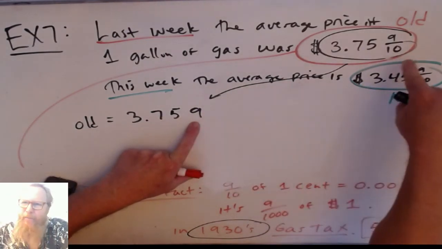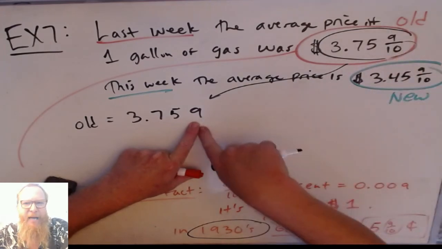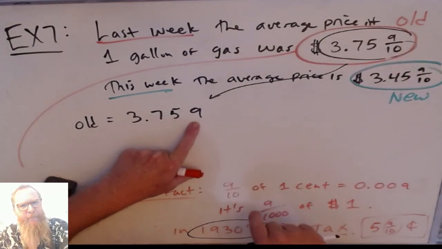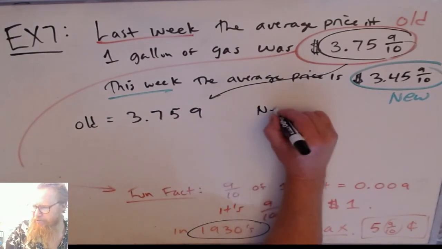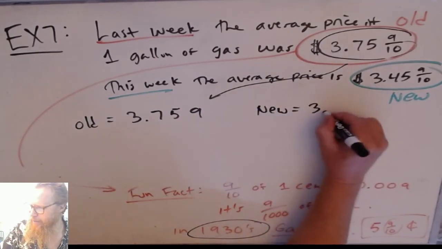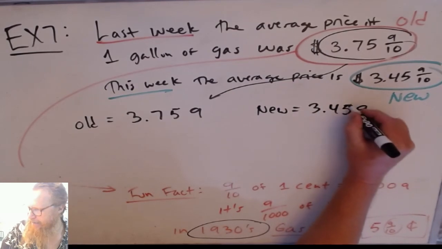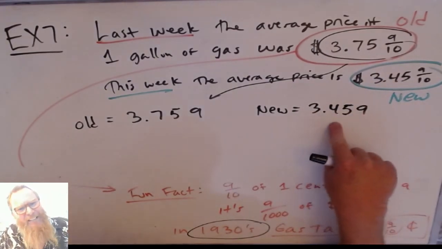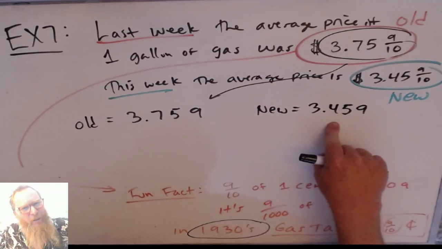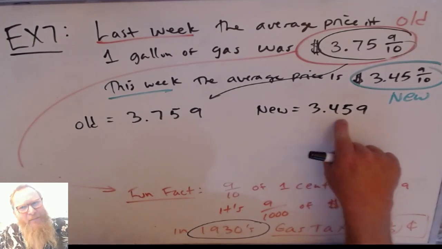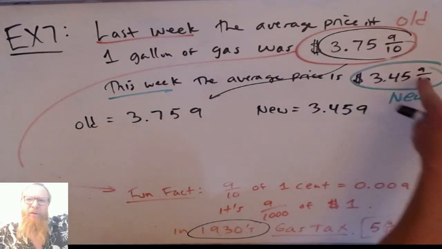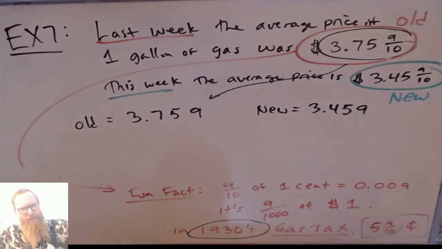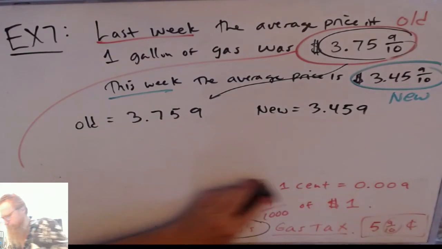I would not recommend leaving it as 9/10. I would just write it as an extra 9 on there. And then the new is 3.459. I think on the fancy digital screens on the gas pumps now, they actually do show that 9 there. But when you're driving down the road, it looks like a fraction 9/10, because it's on the big sign.